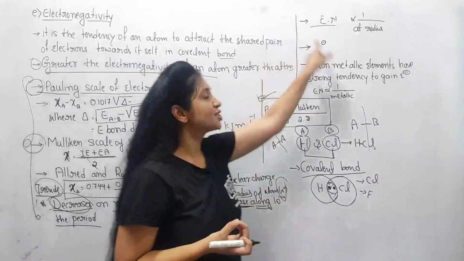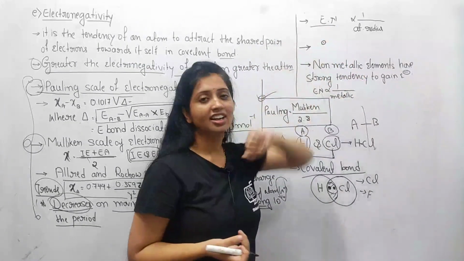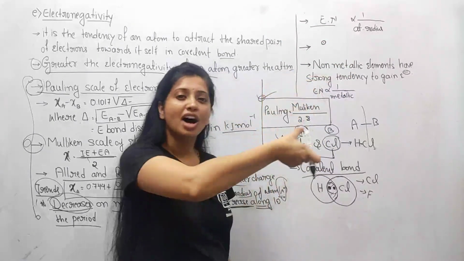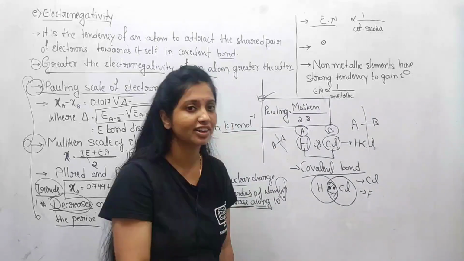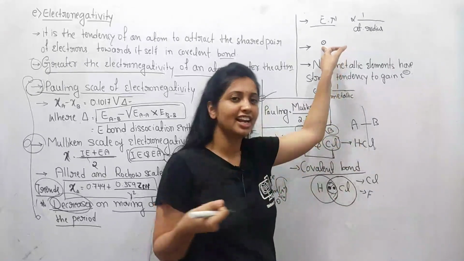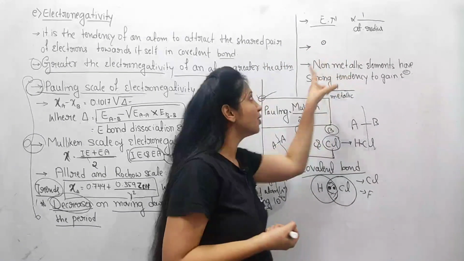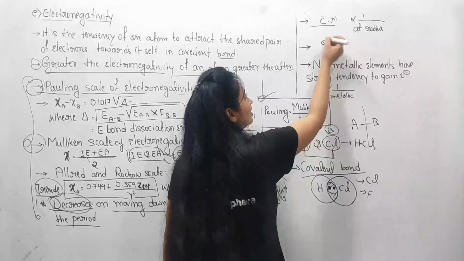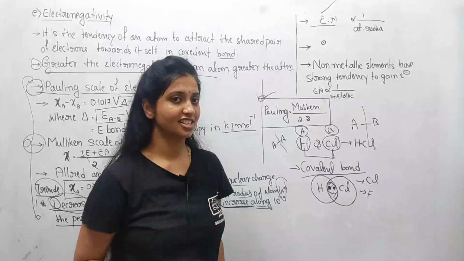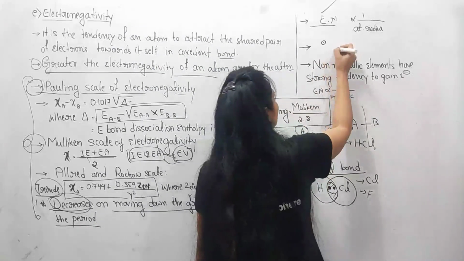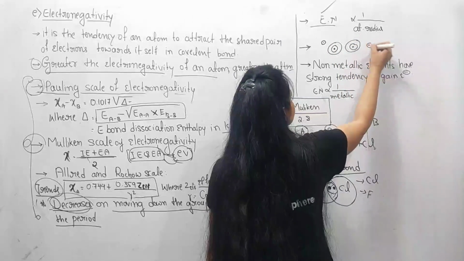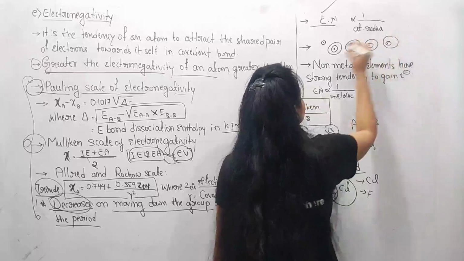So there is a strong attraction between the nucleus and the electron. So it has a greater tendency to attract the shared pair of electrons, or a greater tendency to pull the electrons towards itself. So as the size of the atom gets smaller, the electronegativity increases.